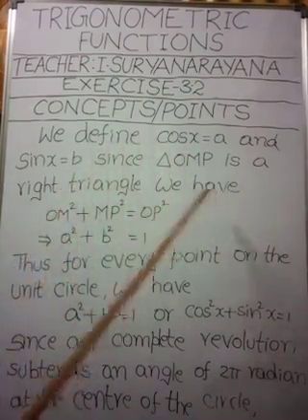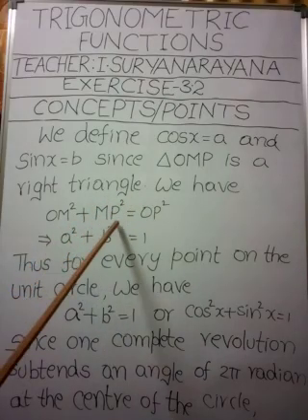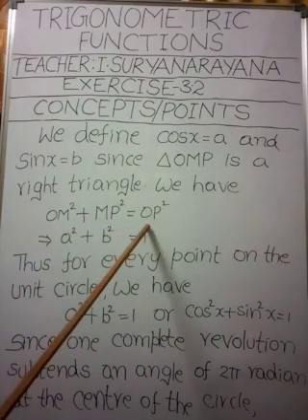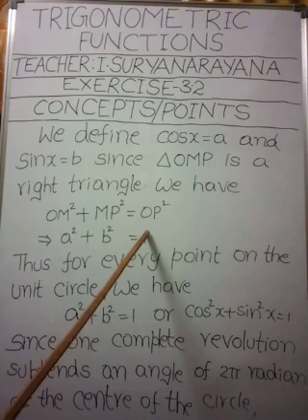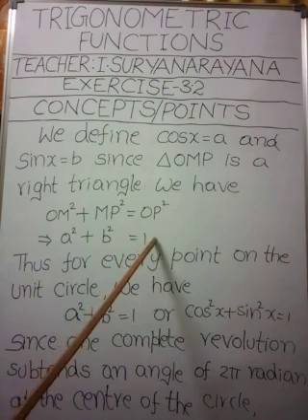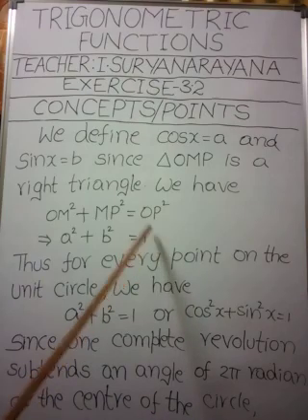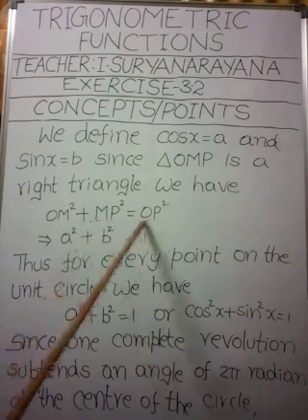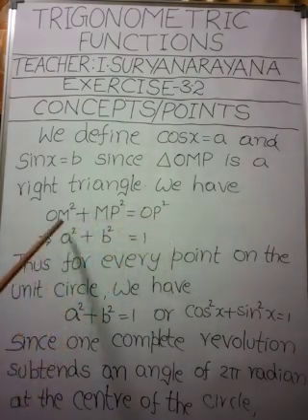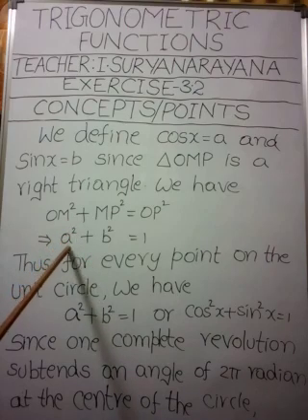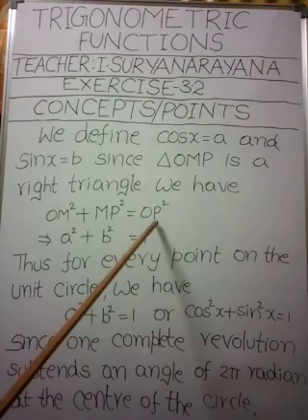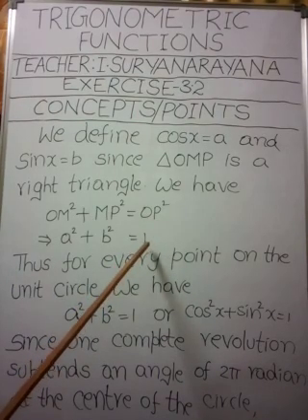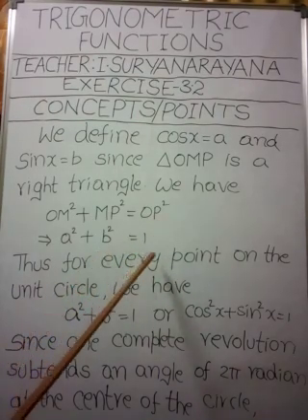We have OM square plus MP square is equal to OP square. This is the Pythagoras theorem. In a right angle triangle, sum of the squares of two sides is equal to the square of the hypotenuse. This implies OM square, that is a square, plus MP square, that is b square, is equal to OP square, which is 1.